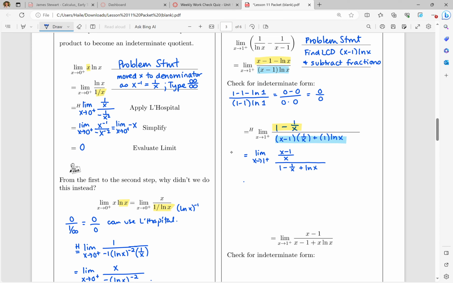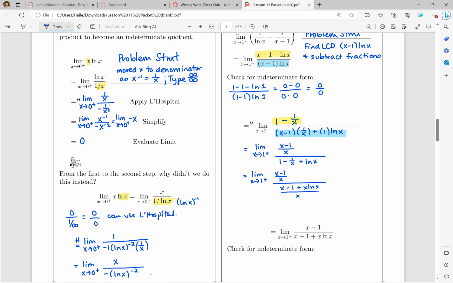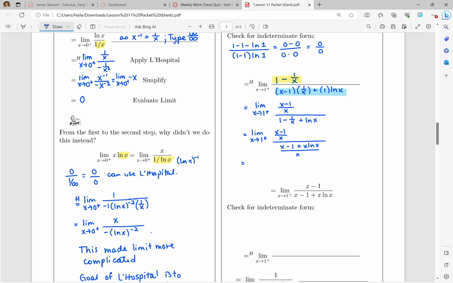I can take another step and combine that denominator, so I have the limit as x goes to 1 from the right of x minus 1 over x, all over x minus 1 plus x ln of x all over x. I can take one more step and rewrite this as a product with the reciprocal: the limit as x goes to 1 from the right of x minus 1 over x times x over x minus 1 plus x ln of x.